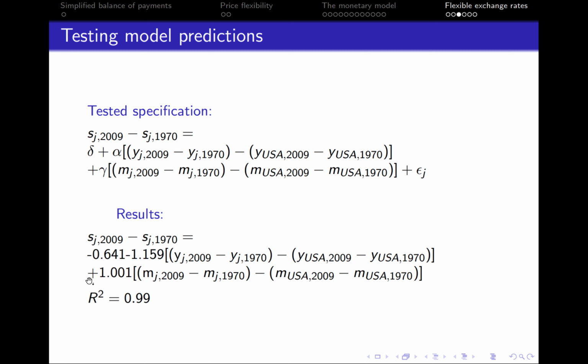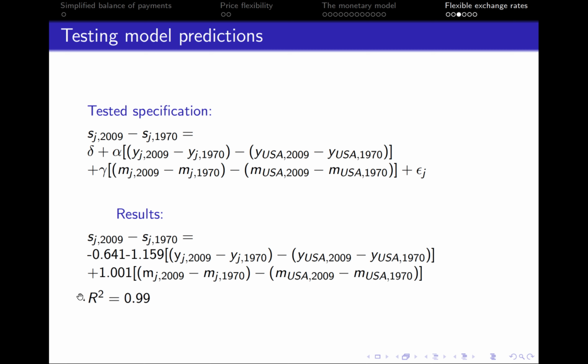But the more interesting case is that the theory predicted a 1-for-1 increase in exchange rate with respect to differences in money supply growth. And this is what we got, because even though we've got 1.001, the hypothesis that the coefficient gamma is equal to 1 cannot be rejected.